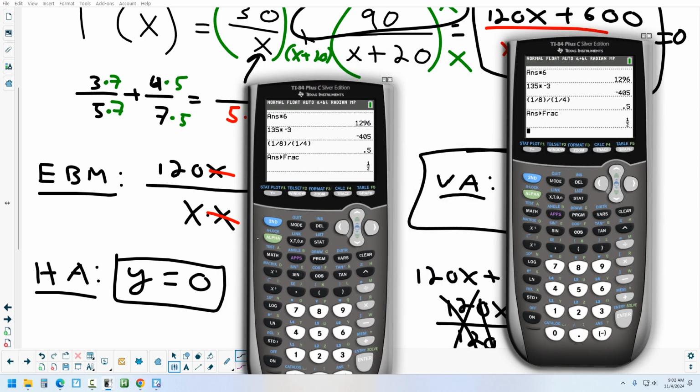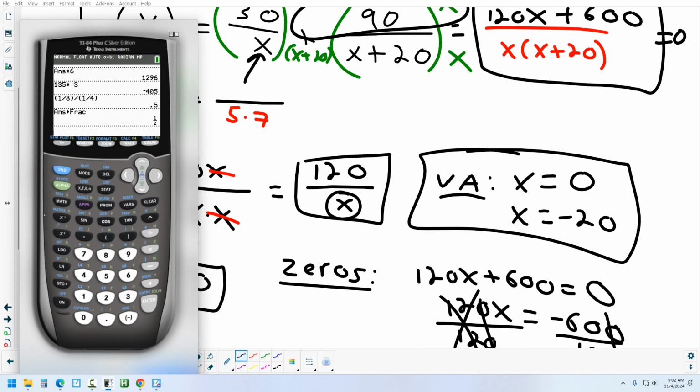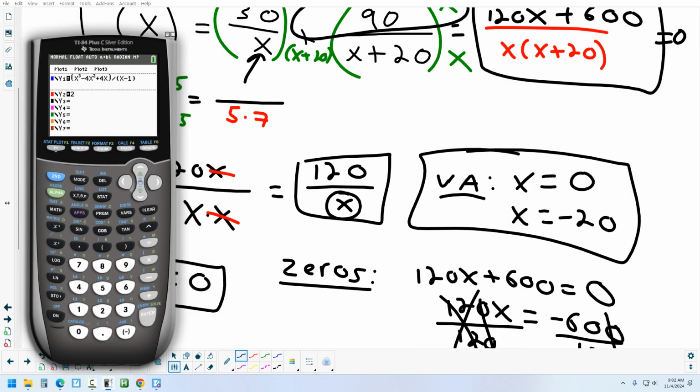Okay, oops, which version of the problem you type in, it doesn't really matter. I'm going to do the second one because it's all one fraction rather than two, and I won't need as many parentheses. Okay, so we're going to still need parentheses around the top. Divided by, and I'm going to do the bottom out so I don't have to put an extra set of parentheses around x plus 20.